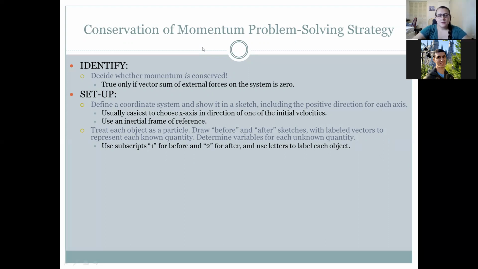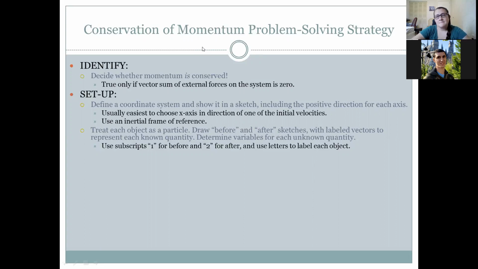And the book recommends that you use subscript 1 for things that are before the collision and subscript 2 for things that are after the collision. Sometimes you might see people use I and F for initial and final, but I'm going to keep it for the most part with 1 and 2 because that's what the textbook recommends. That's what the textbook examples will do, and most professors use this textbook.